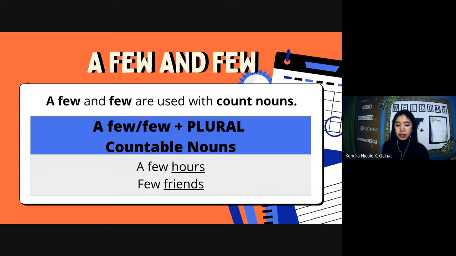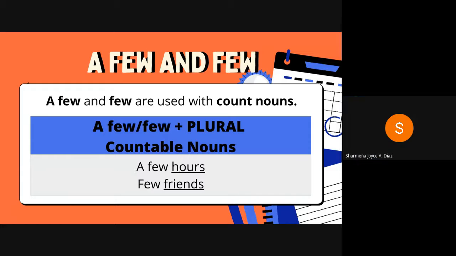Okay, and it is in the plural form. So please take note of the word plural. When we use these quantifiers, the countable nouns must be in plural form. Okay, so can you give me an example using a few or few, Mena?